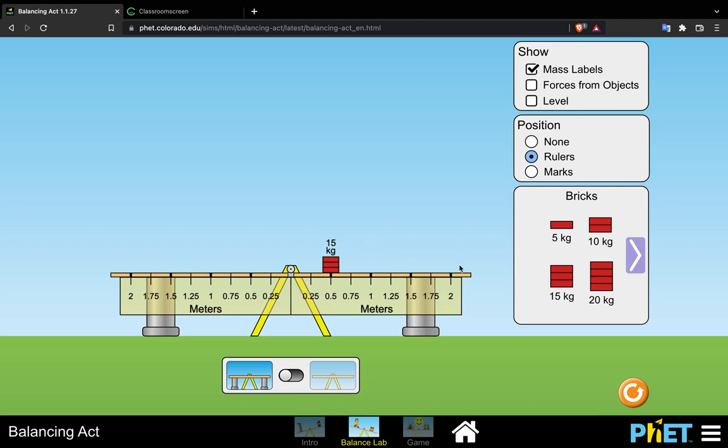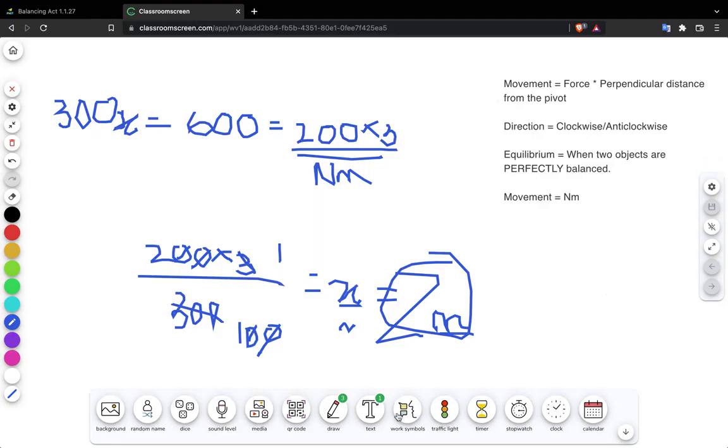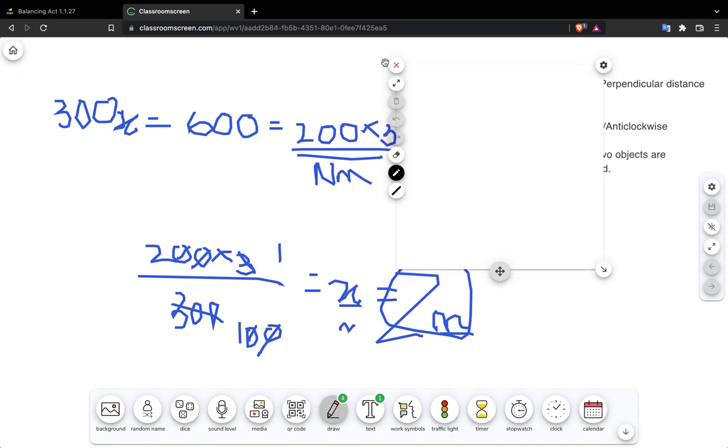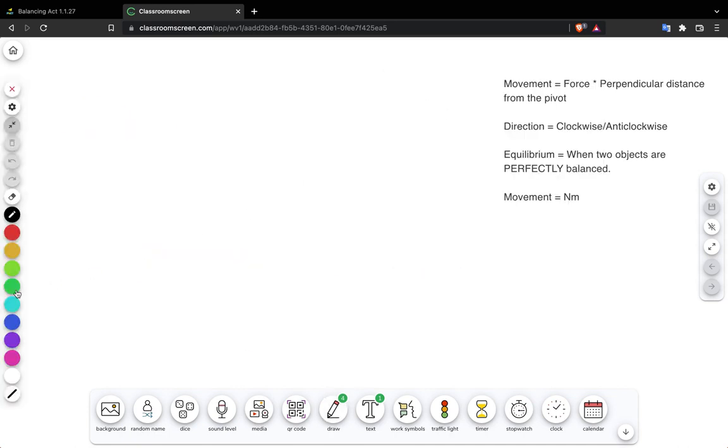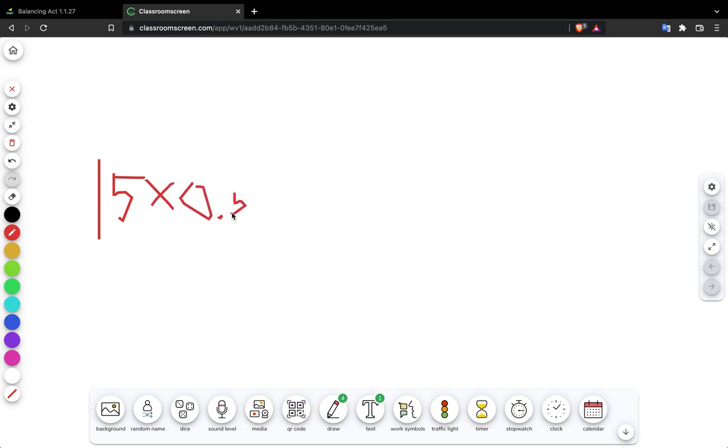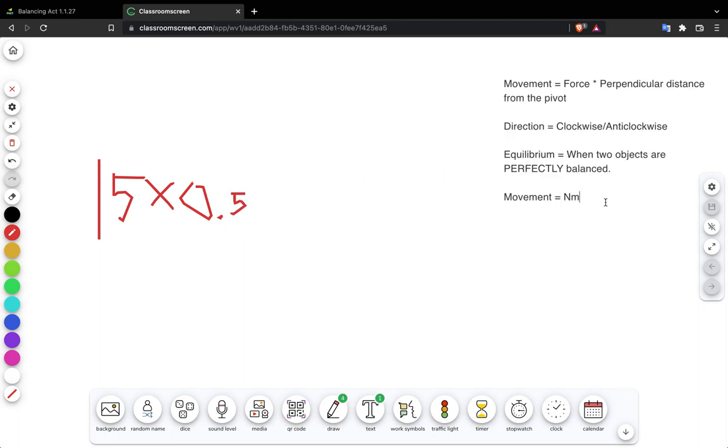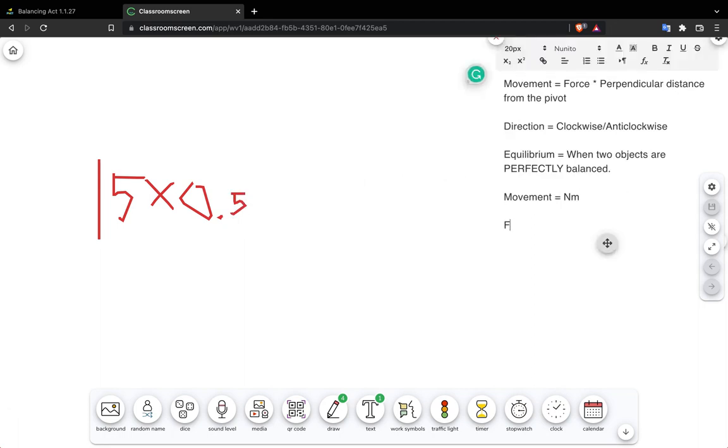Alright, so 15 into 0.5. Let's just check that out. Right, so we're gonna use the formula again, as we've already learned. F1 D1 is equal to F2 D2.